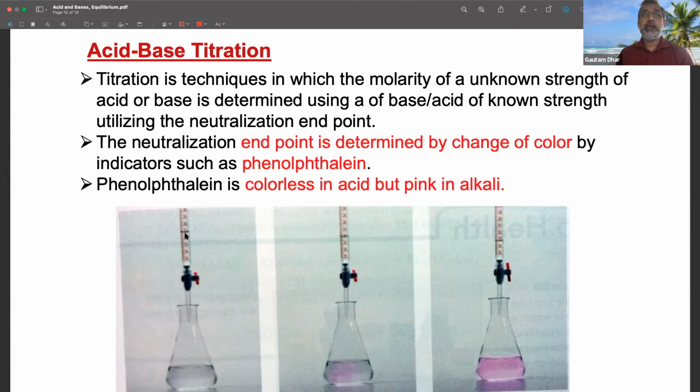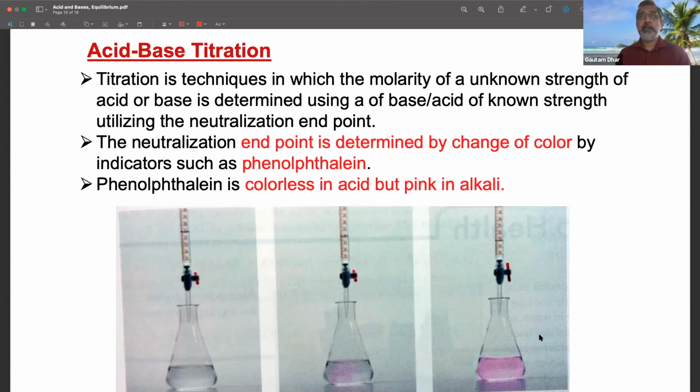In the burette you have the base, and you keep adding the base, continuously neutralizing the acid. When it completely neutralizes and you add one extra drop, the whole solution becomes alkaline and permanently pink, and that is where it stops.